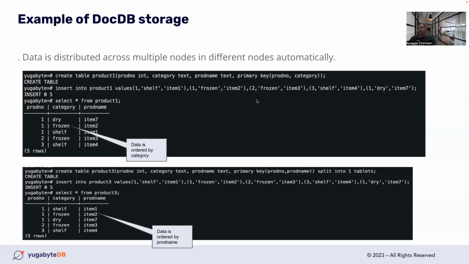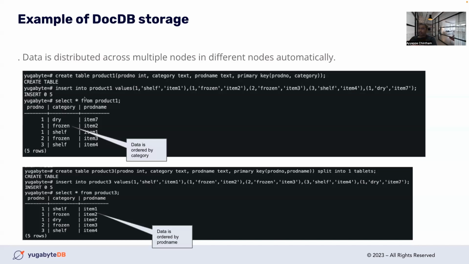Sorry. So if you can see the data here, when I run the select star, you see that all the data is ordered by product number. In fact, if you have multiple nodes, the data will not be ordered by product number, but within a product number it will be ordered by category.